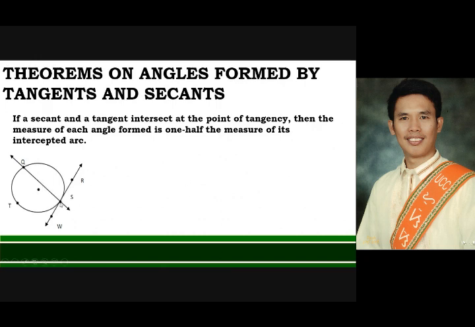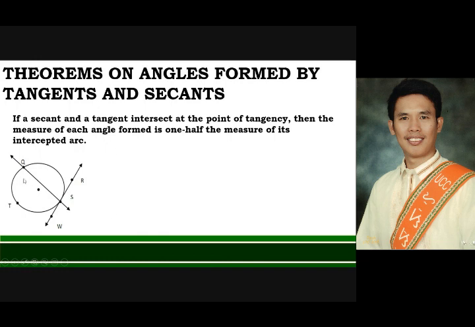Yung intersection nila ay nandoon mismo sa tangent line. So, paano daw natin kukunin yung measure ng angle formed if the secant and tangent intersect? Sabi rito, kukunin lang daw natin yung 1/2 ng measure ng kanyang intercepted arc.